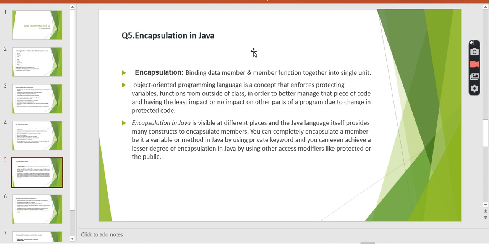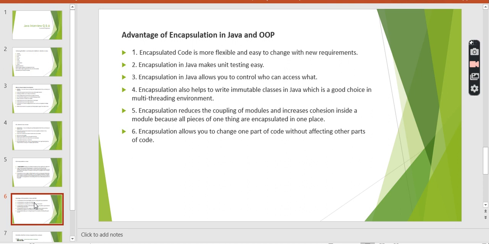Implementation problem means you can use some design patterns inside encapsulation. Okay, now we'll come to the next point, the advantage of encapsulation. Encapsulated code is more flexible and easy to change with new requirements. If you are encapsulating code, then you have declared private data members, so it can be changed.